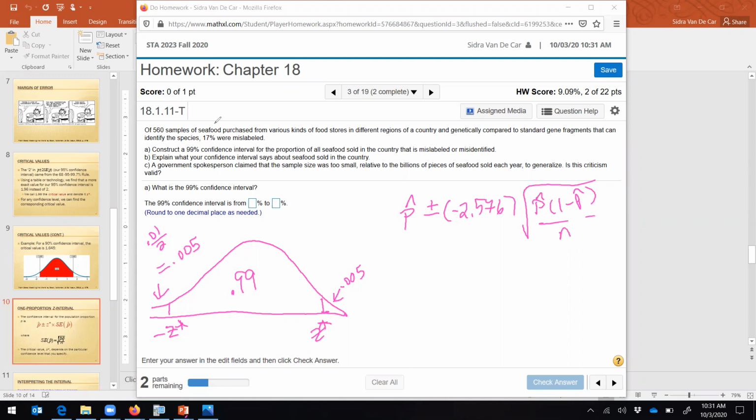Okay, so for us, the p hat is 0.17. We're going to go 0.17 plus or minus negative 2.576 times the square root of 0.17 times 1 minus 0.17, which would be 0.83, over the n, which is the 560 samples. All right, so now I've pretty much got to put that in the calculator.